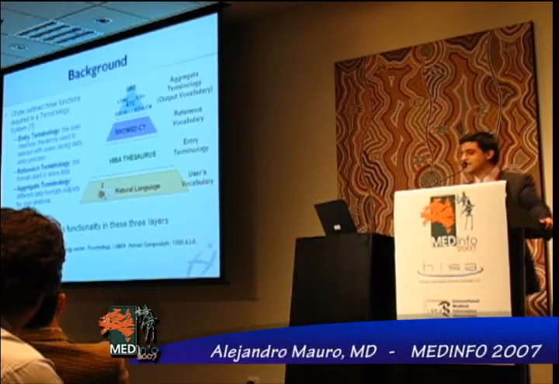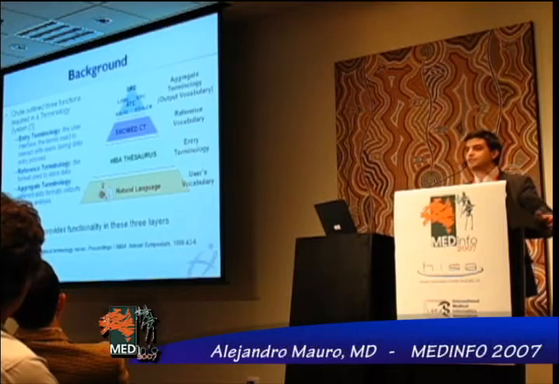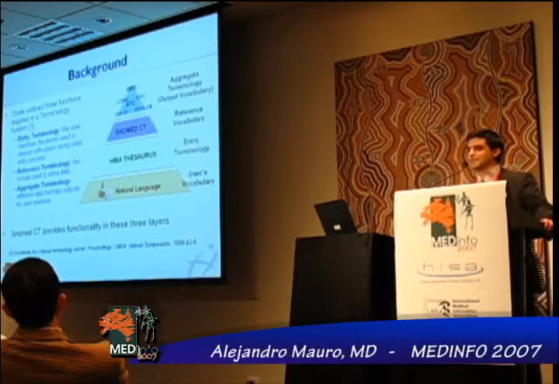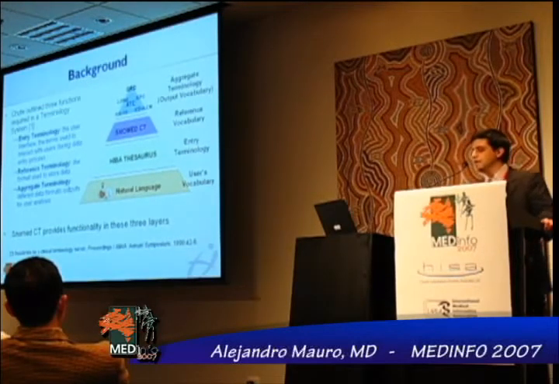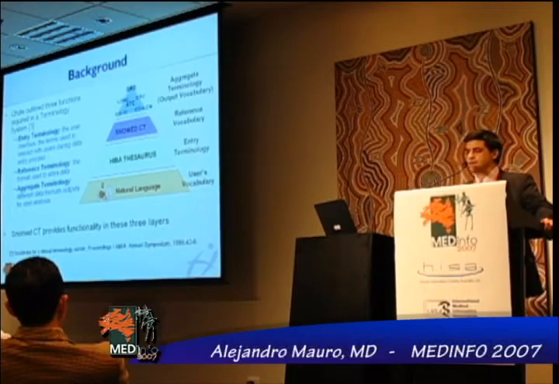So SNOMED CT provides functionality in these 3 layers. It has descriptions that can be used as an entry terminology. We are not using the SNOMED descriptions, but it has these descriptions. It has all the functions needed for a reference terminology layer, and also it has standard cross mappings that can be used as the aggregate terminology.